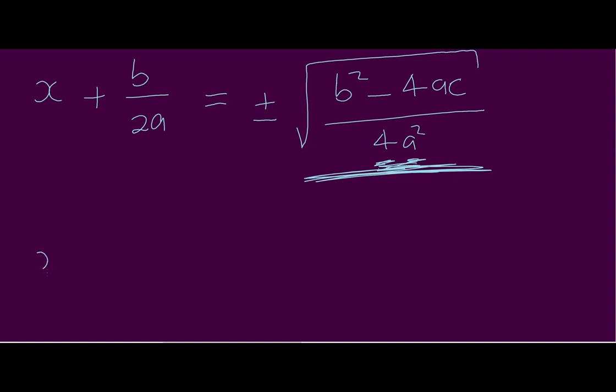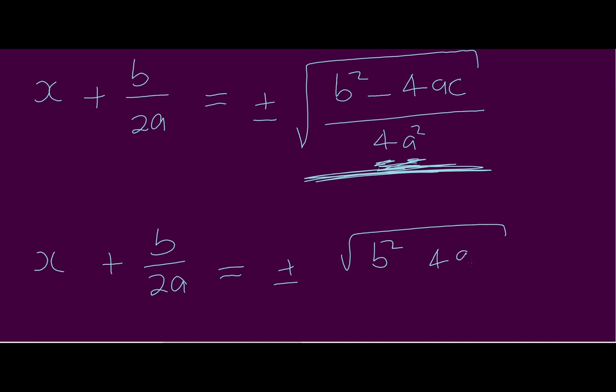So you're going to have x plus b over 2a equals plus minus the square root of b squared minus 4ac, divided by the square root of 4a squared, right?